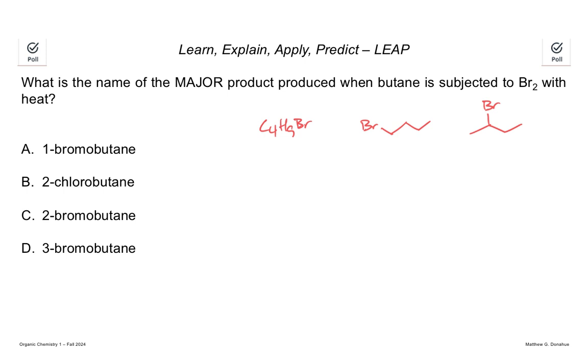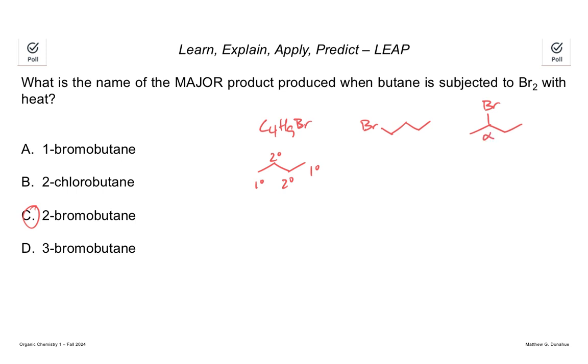From the radical C-H substitution, bromine was more selective, so it should form which one as the major product? The 2-bromobutane. Again, we were evaluating the class of hydrogens: primary, secondary, tertiary. There's no tertiary, so secondary substitution is preferred.